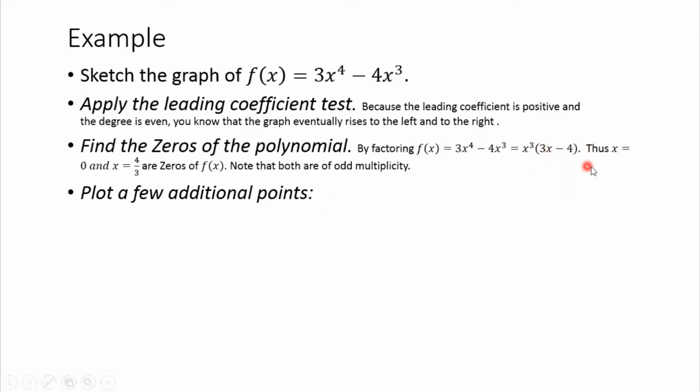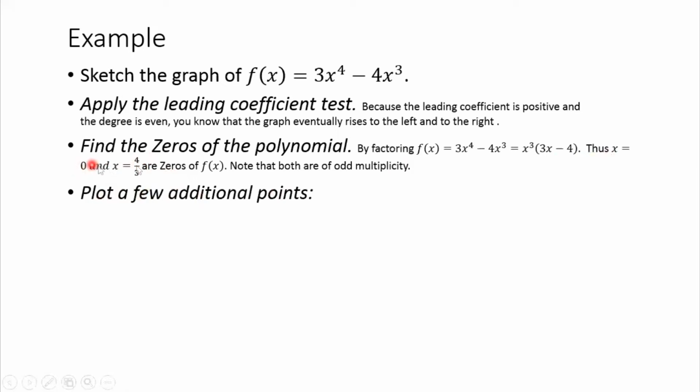So we start finding the additional points from the x-intercepts. Note that we have x is equal to 0 and x is equal to 4 over 3, right? So from here, we can create intervals. If we are talking about the numbers in the real number line, we can have an interval from negative infinity to 0.